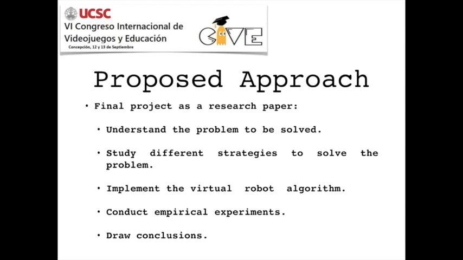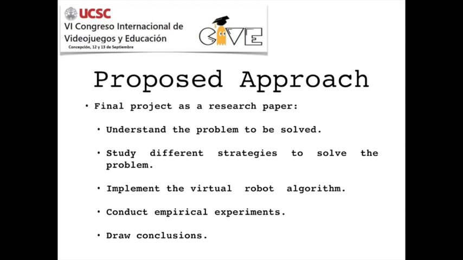First, they were required to understand the problem to be solved. The problem is to design a robot with higher accuracy. The second step, students study different strategies to solve the problem. The next step is to implement the virtual robot algorithm.